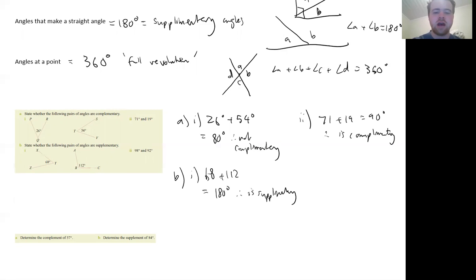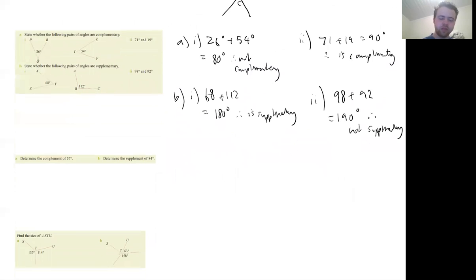For part 2, 98 plus 92 equals 190, so therefore not supplementary. So that is basically all we need to do to determine whether two angles are complementary or supplementary.